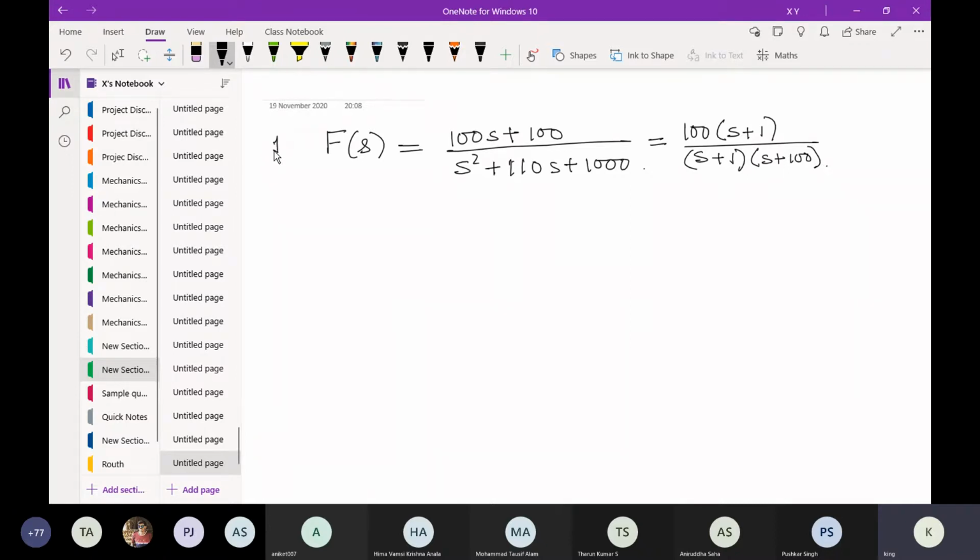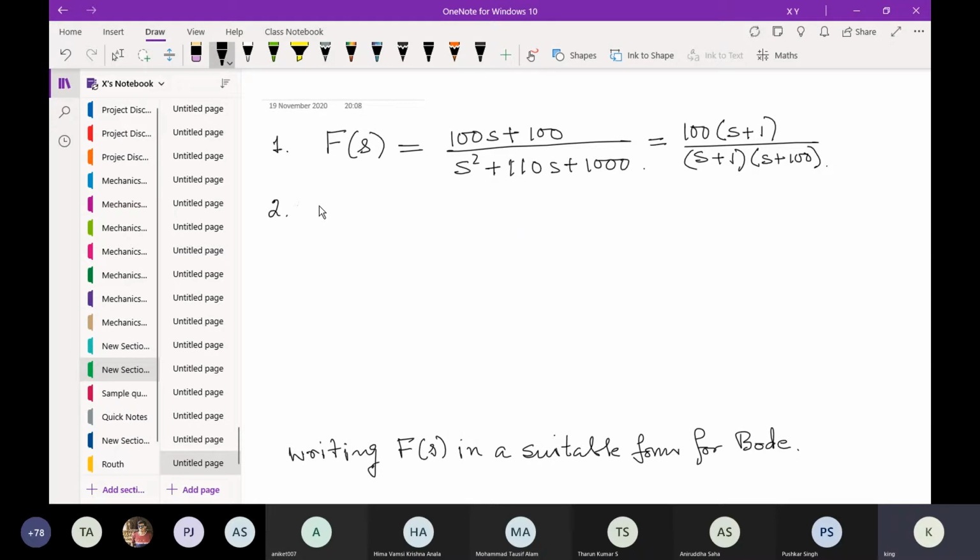So this is step 1, writing F(s) in a suitable form. Then this is your first step.